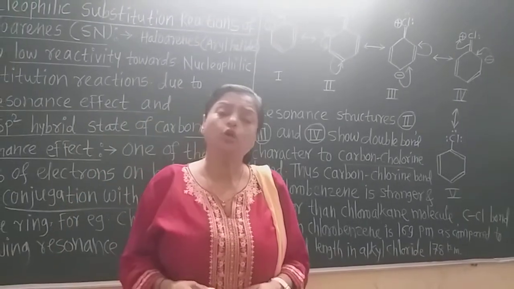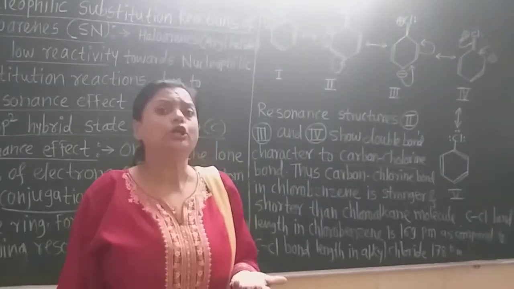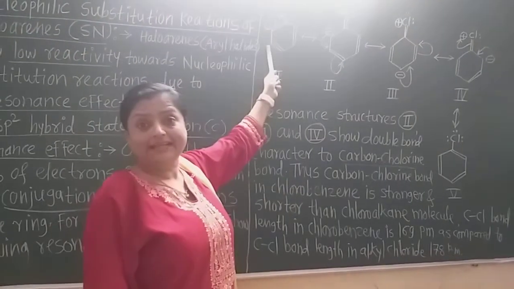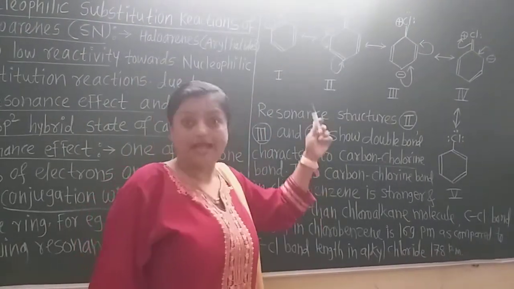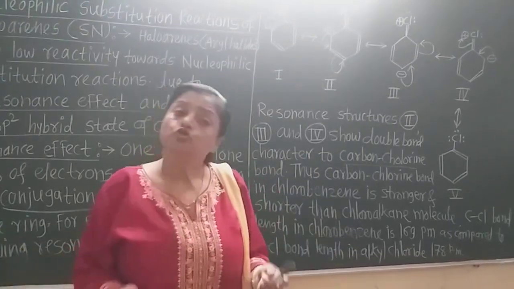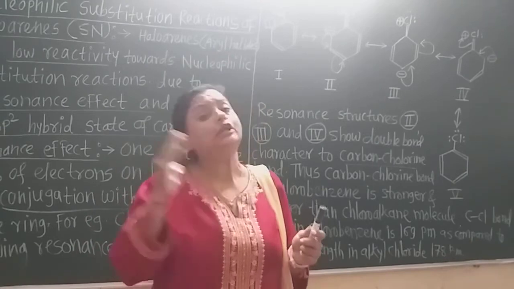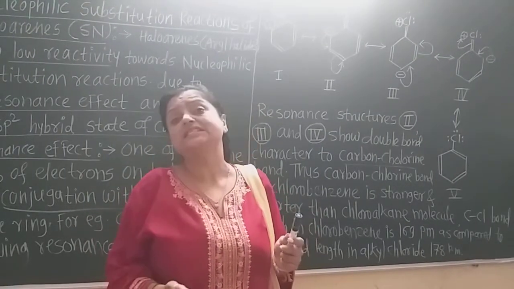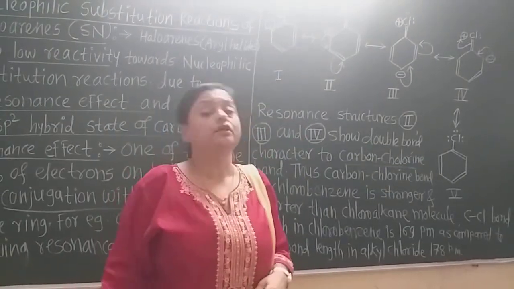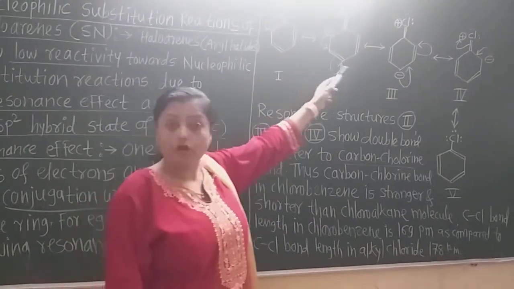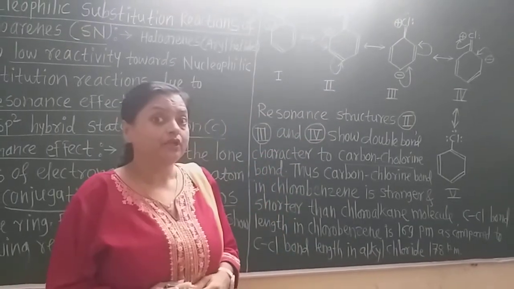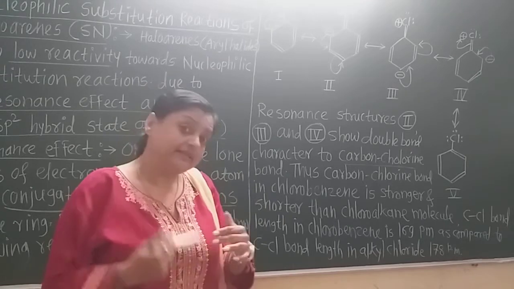Now what happens in the chloroalkane or alkyl chloride? There is no double bond. Unlike the ring in haloarenes, in the chloroalkane there is no double bond. So the carbon-chlorine bond in alkyl chloride or chloroalkane is always weaker than the carbon-chlorine bond in haloarenes, because there is double bond character in the second, third and fourth structures.